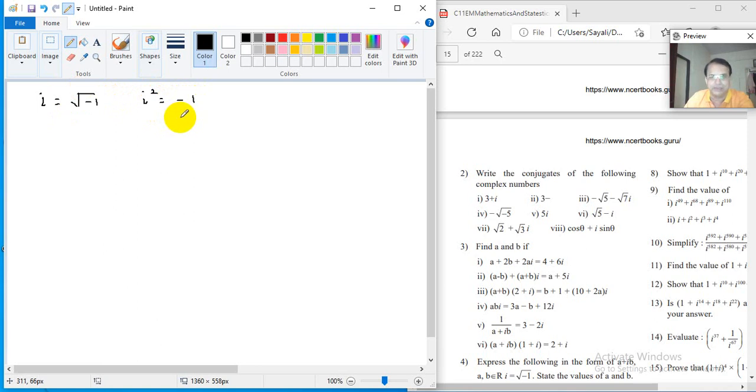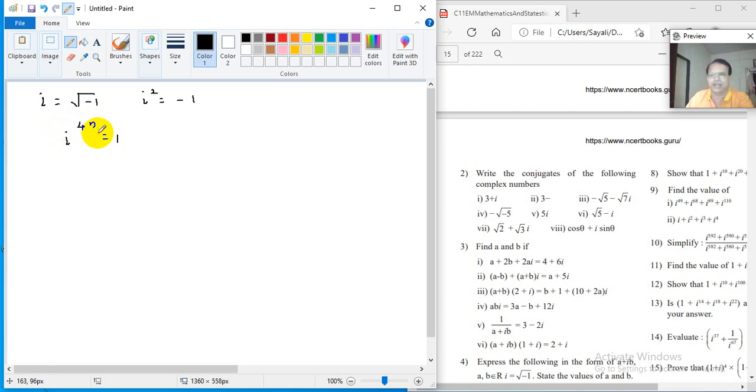Then in the previous lecture I had told you about powers of i. It was something like this: i raised to 4n is 1. Here n is an integer, maybe negative, maybe positive, 0, whatever, but it is an integer.